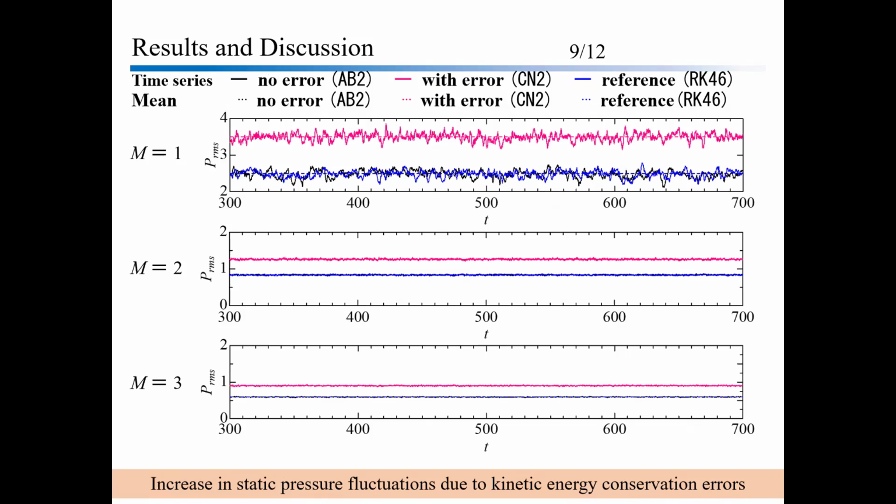Similar increase occur for m equal 3. These results indicate that conservation uncertainty elevates the spatial RMS of static pressure, demonstrating that kinetic energy conservation error enhances pressure fluctuation magnitudes, independent of difference in large-scale turbulence structure.